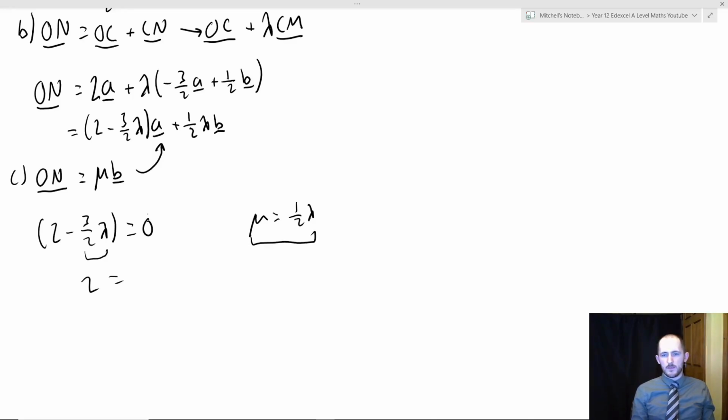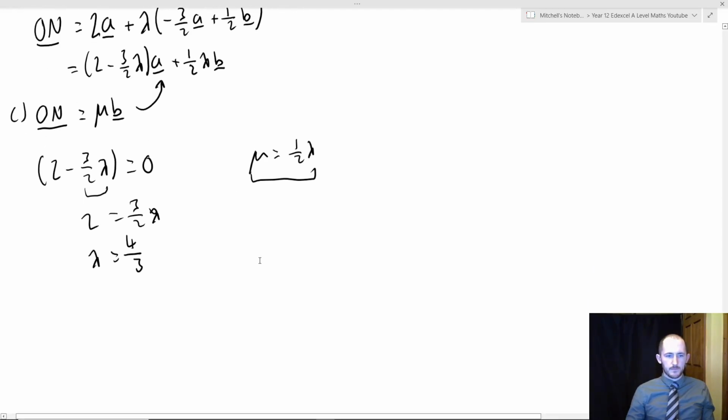We have 2 equals 3 over 2 lambda, so lambda is just going to be 2 times 2, 4 over 3. Now if lambda is 4 over 3, using the other equation, we get mu is equal to half of that, so that's 2/3.